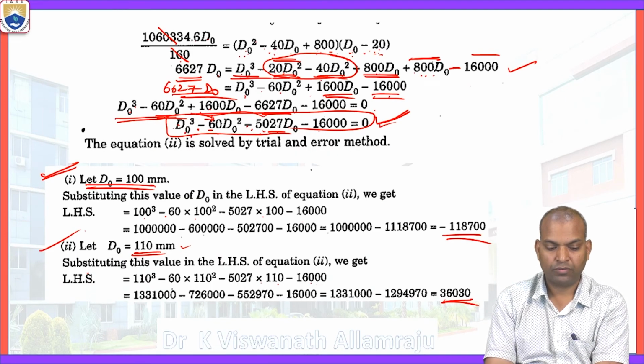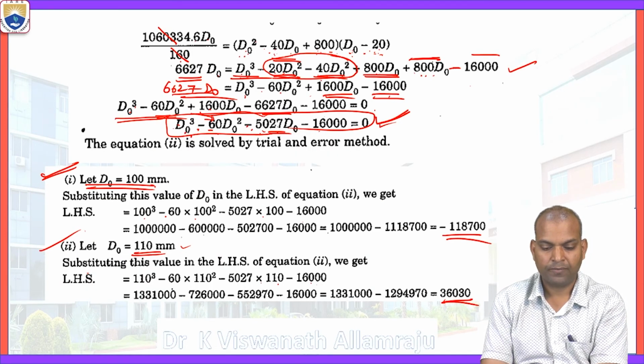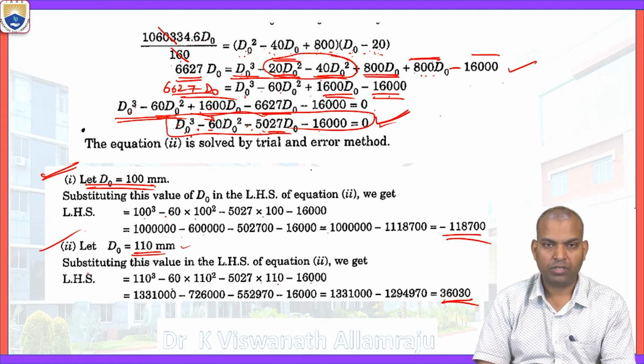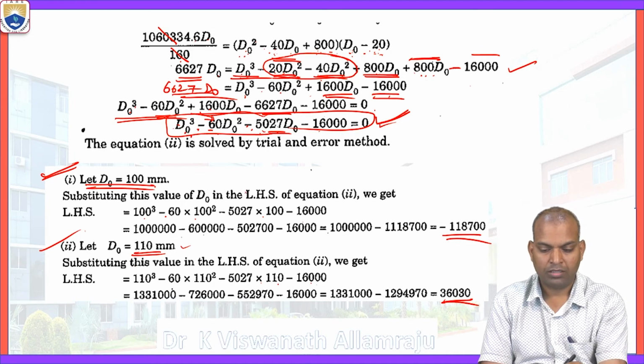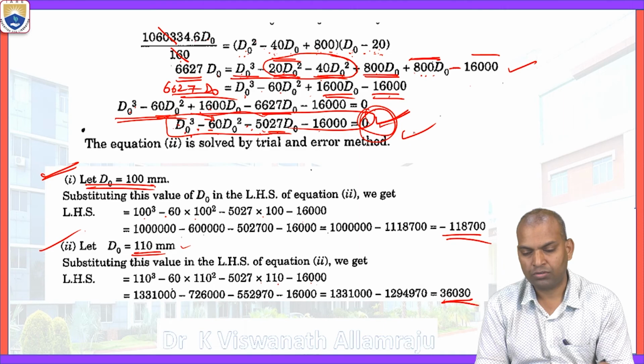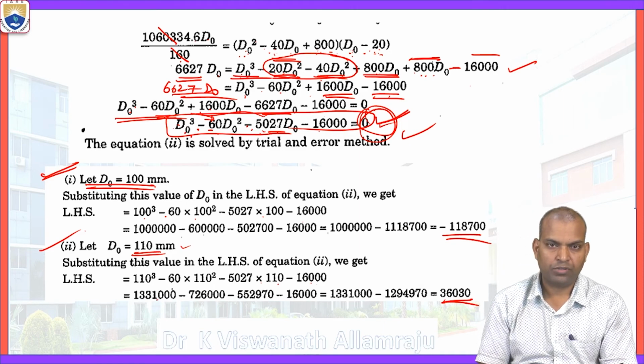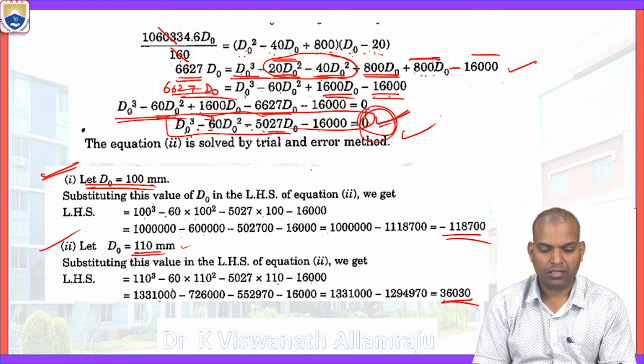In trial and error, we try some diameters, and to justify that the outer diameter is the exact right value, the algebraic sum should be equal to 0. After substitution, the right-hand side should come closer to 0. If it comes to 0, the trial value is exactly correct.